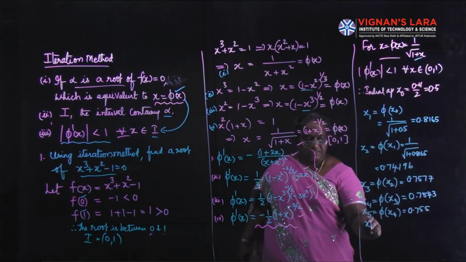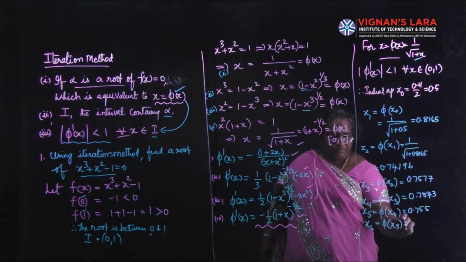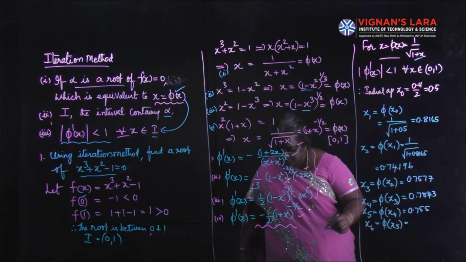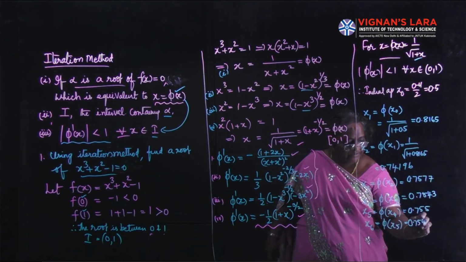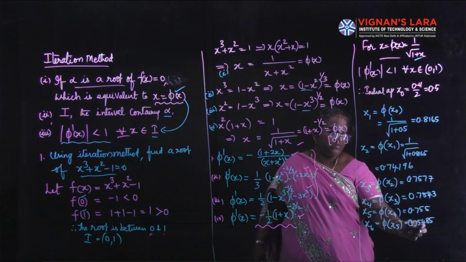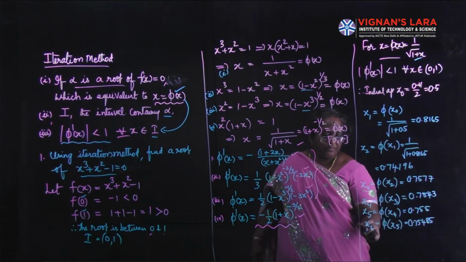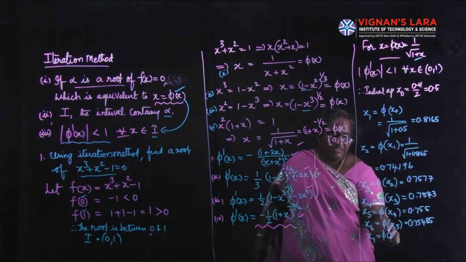Next, x6 is phi of x5. If you evaluate, x6 is 0.75485. Next, x7 is phi of x6.